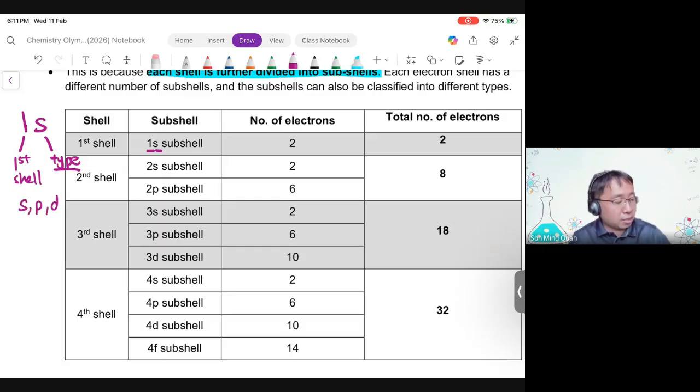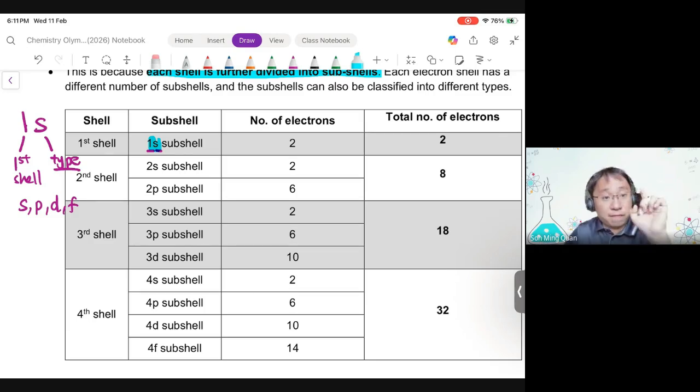S, P, D, F. Okay, these are the main ones that we will deal with today. So, first shell only has one S subshell. The number in front is not telling you how many.